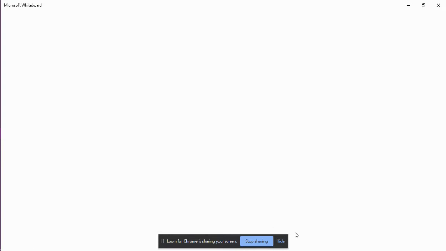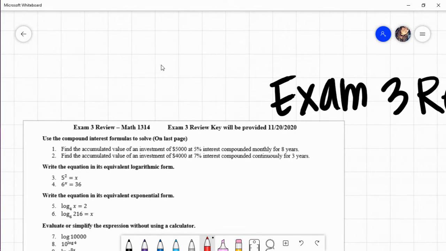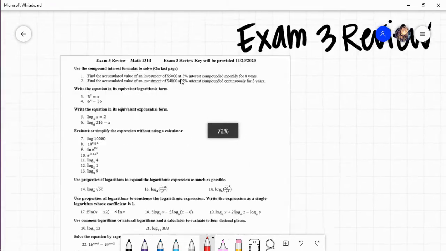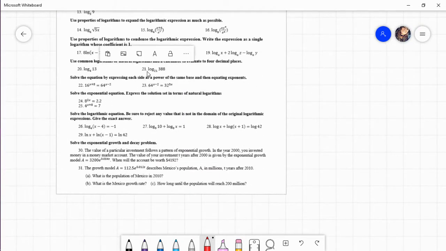Let me get this opened. I know that we were doing the system of equation problems. Let me zoom out a little bit. I pushed the wrong button. So we have literally done this whole page.